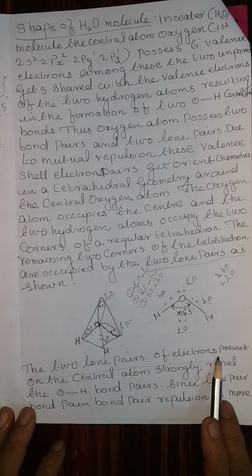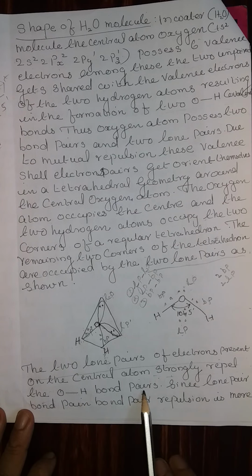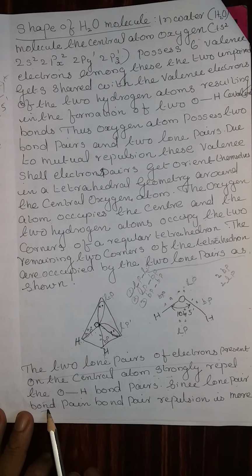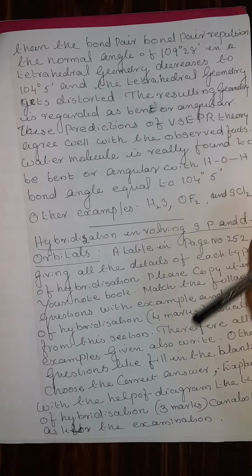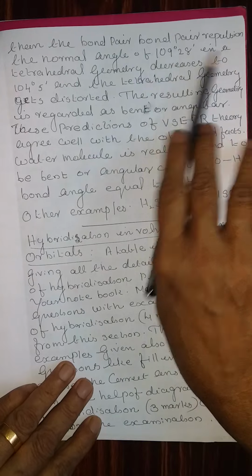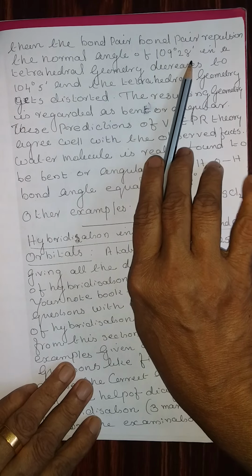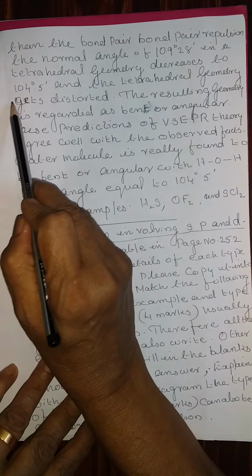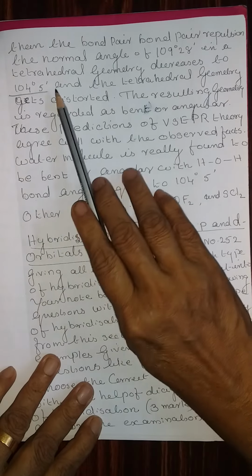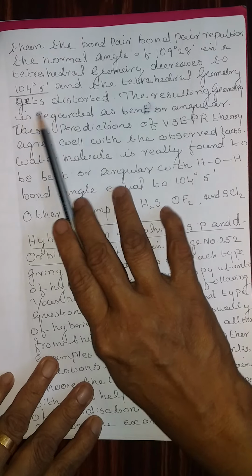The 2 lone pairs of electrons present on the central atom strongly repel the O–H bond pairs. Since the lone pair–bond pair repulsion is more than the bond pair–bond pair repulsion, the normal angle of 109 degrees 28 minutes in a tetrahedral geometry decreases to 104 degrees 5 minutes, and the tetrahedral geometry gets distorted.